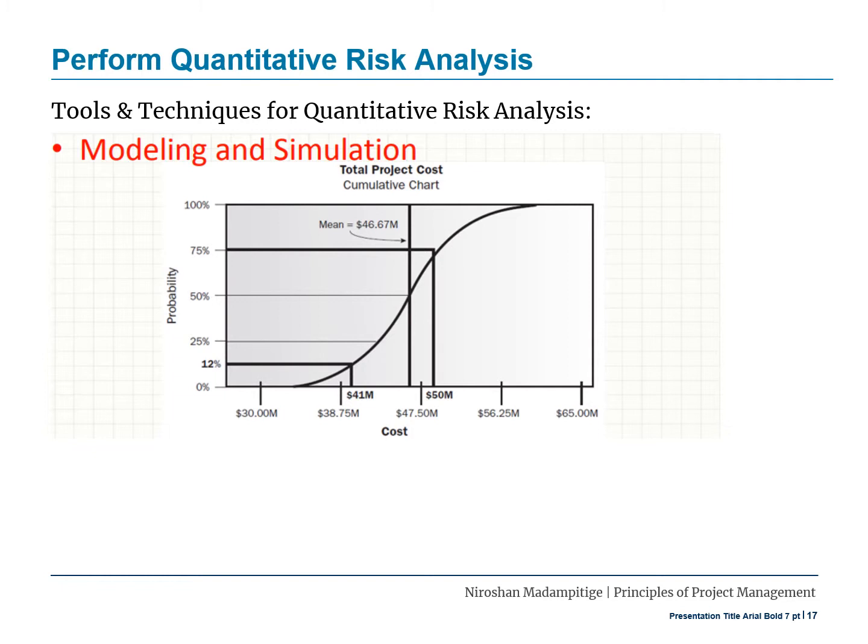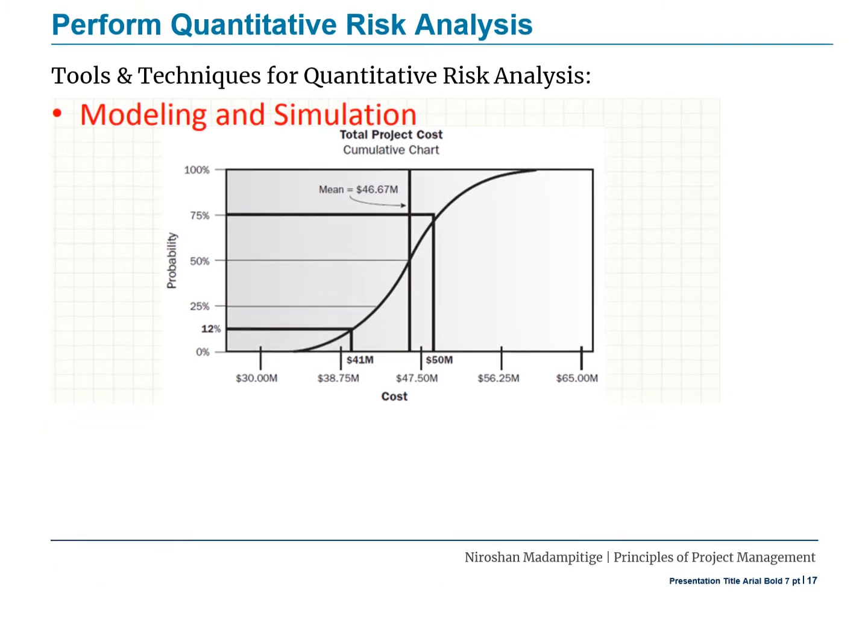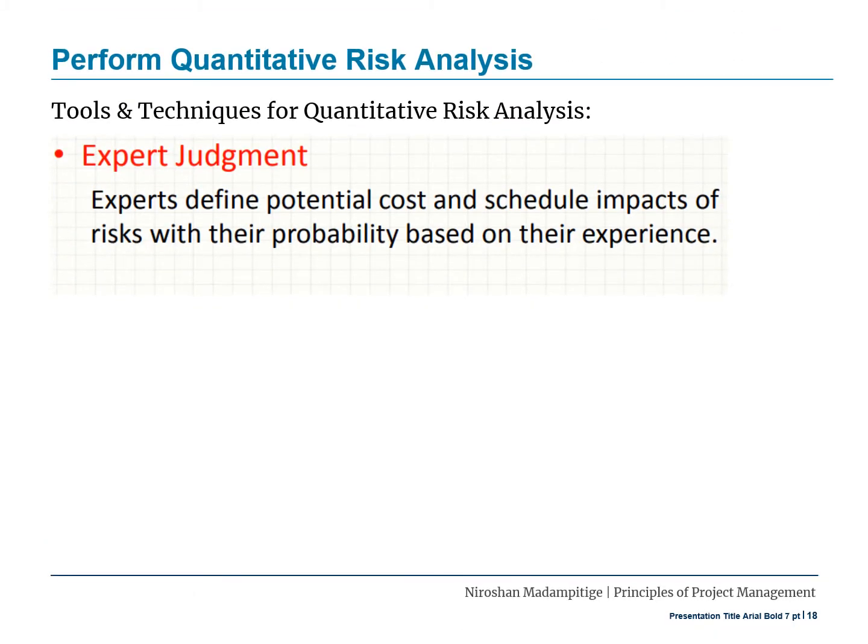And you see the cost against the probability. As you increase the cost, you see a higher probability of having more risks. So this is a technique that is used to do quantitative risk analysis. Expert judgment is another widely used technique for quantitative risk analysis.